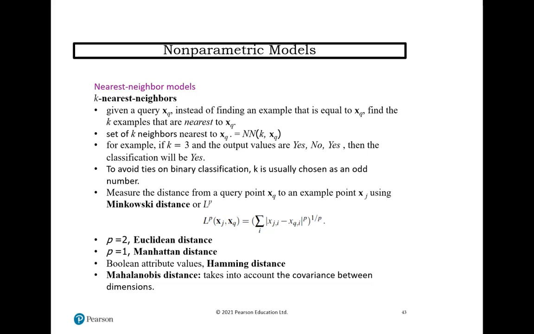I find that one of them was a yes, the second was a no, and the last one was a yes. So I decide that for that new restaurant, the decision will be yes, just because of majority rule. And typically k is usually odd, so we don't get ties.